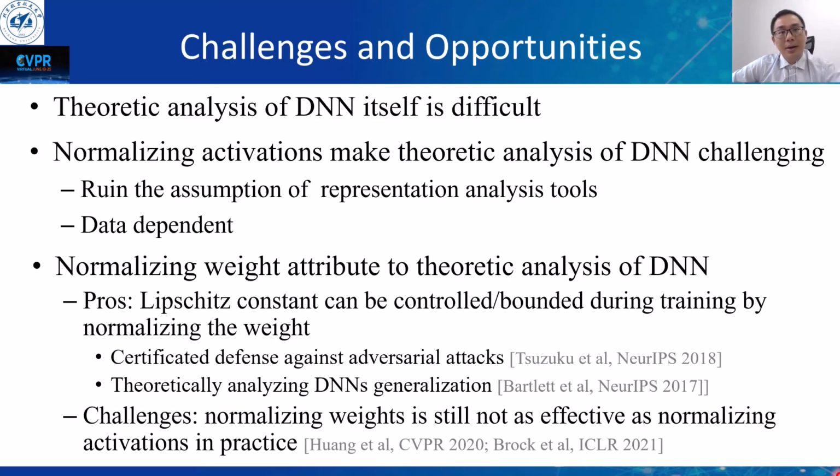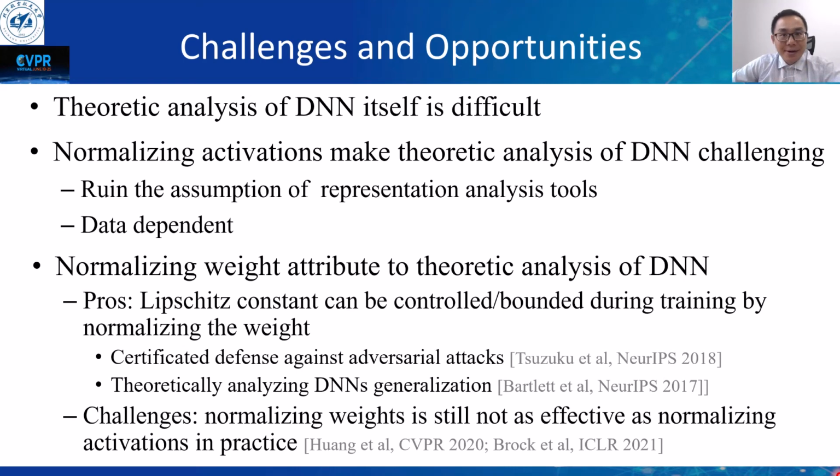Okay, here we discuss some challenges and opportunities in the theoretical understanding of normalization techniques. Despite the recent progress of deep learning in terms of representation, optimization, and generalization, the networks investigated theoretically are usually different from those used in practice.